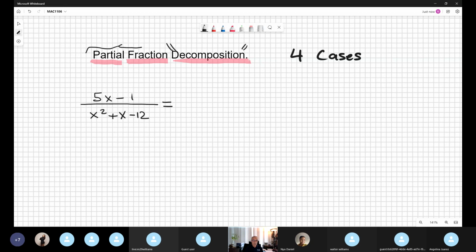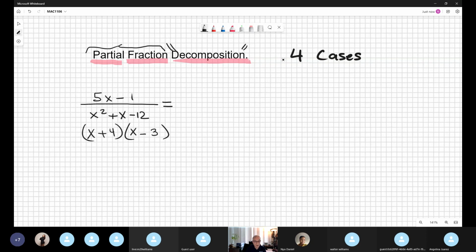This is the new idea. What is that? Well, first of all, you factor the polynomial in the bottom. In this case it's easy because two numbers that multiply to give 12 and, when adding or subtracting, give 1, are 4 and 3. 4 times 3 is 12, and 4 minus 3 is 1.